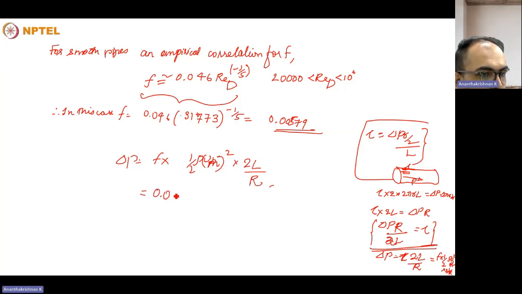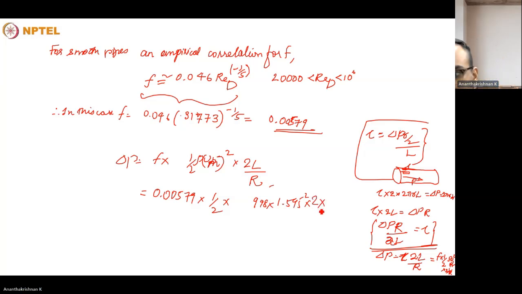The friction factor will be 0.0579 multiplied by half into rho, which is 998, u equal to 1.595 squared, times 2 times L divided by the radius, 0.01. L is equal to 10 meters, as given in the problem.